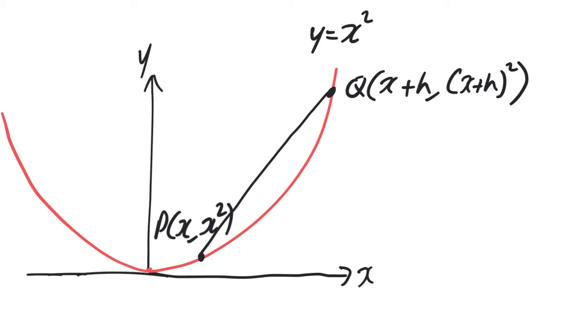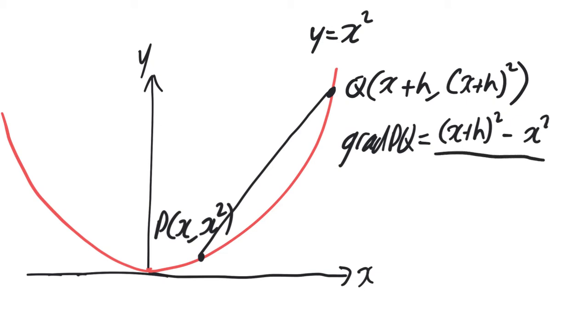Okay, so let's look at the gradient of PQ. The gradient of PQ would be equal to your y difference over your x difference. It's going to be (x plus h) squared, that's my y value of Q, minus x squared, which is my y value of P, over x plus h, which is my x value of Q, minus my x value of P. That's a bit of a mess, we're just going to tidy it up.